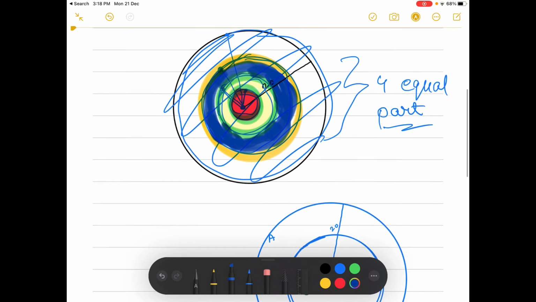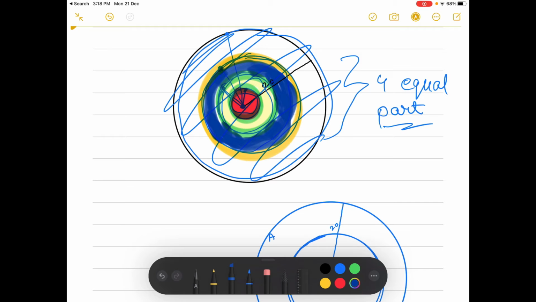So we can say that B's area is the area of the smallest circle, let it be D's area, plus this area, let it be C. So this shaded part which I am talking about is C's area minus D's area.